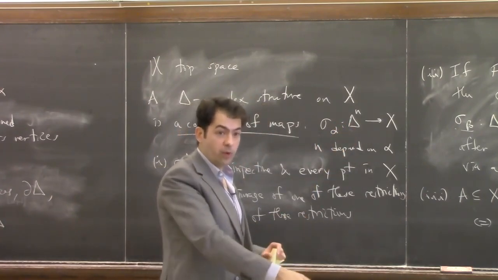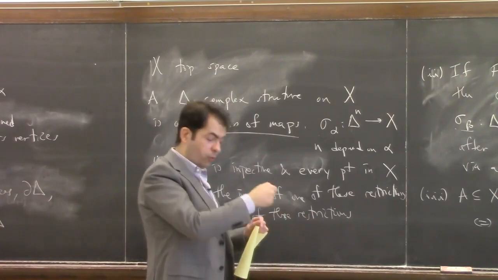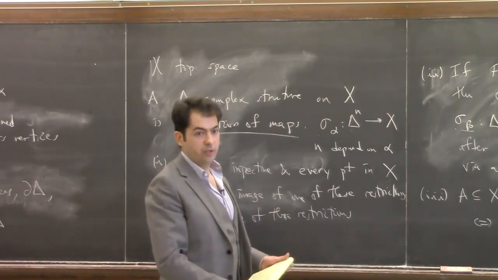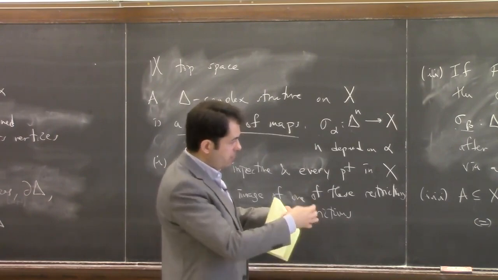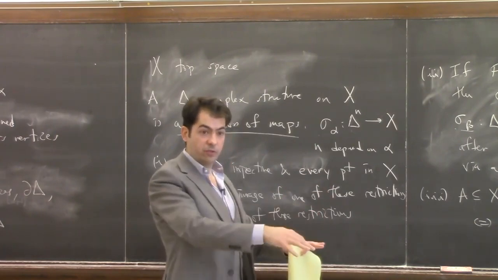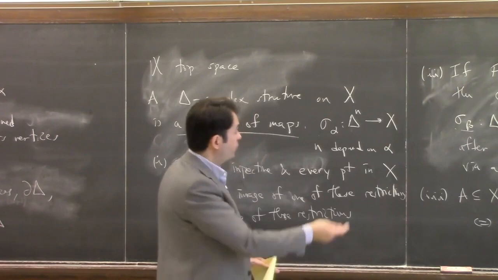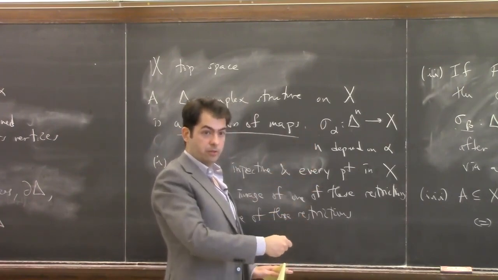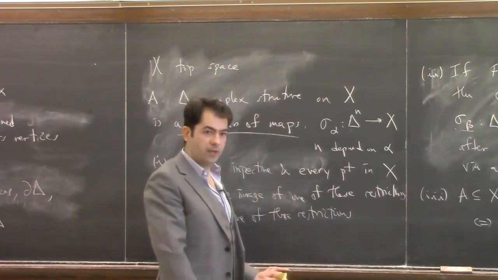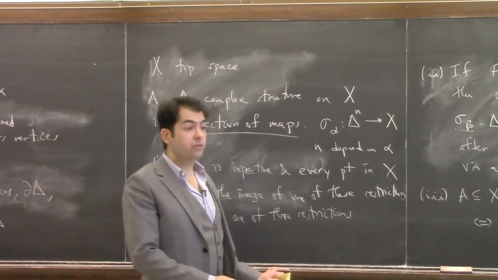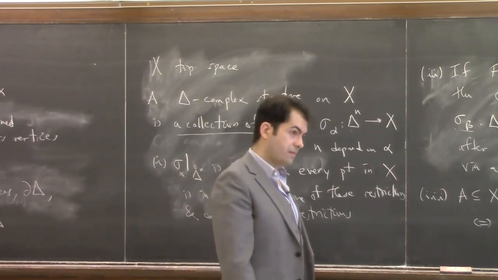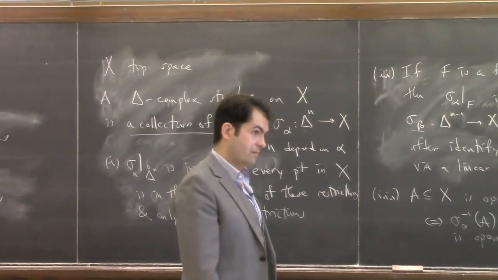And there's only one of these maps where, when you look at what it does to the interior, it covers that point. The boundaries might be doing complicated things, but every point is in the image of the interior for only one of these. More questions?